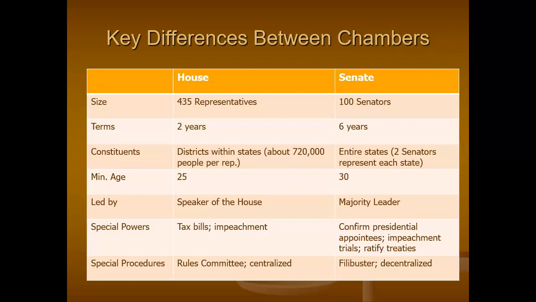In modern times, most uses of the filibuster are as a tool of the minority party, where minority party senators collectively work to sustain a filibuster as a way of blocking the majority party's agenda from being enacted into law. So it's very difficult to overcome a filibuster in the modern age.